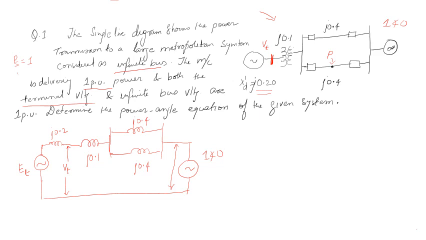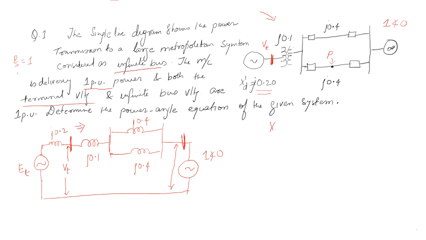Now what we'll do first is find the reactance Xs, as you have done in your power system stability. So you find the reactance with respect to the terminal voltage, between these two terminals.